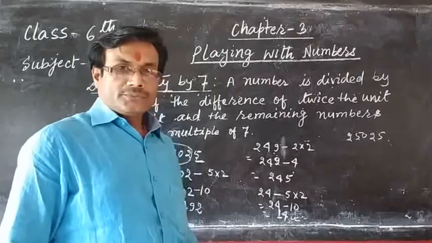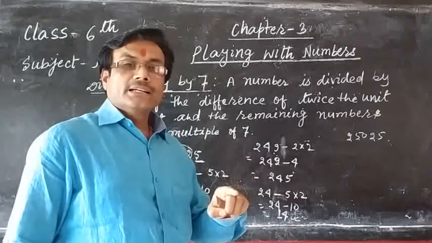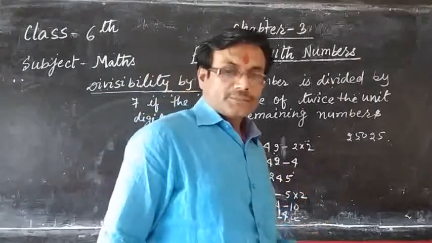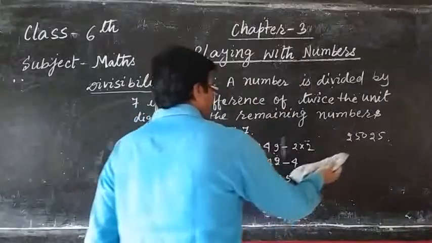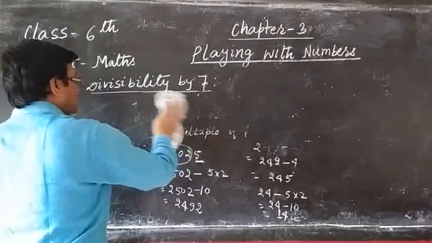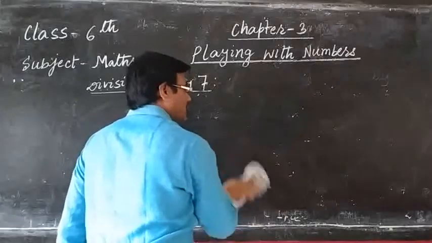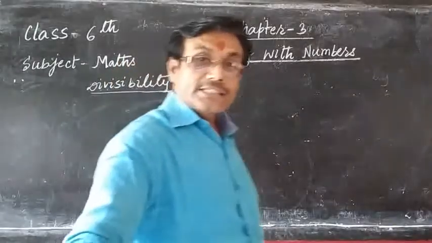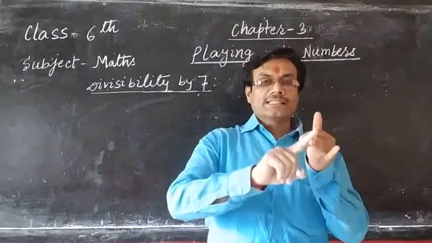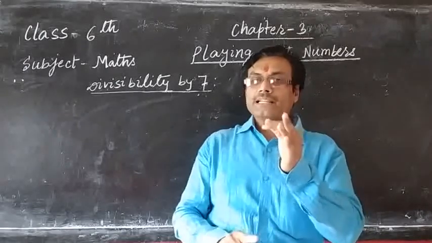Okay. Now using this rule we can know about every number. So children, we will go for divisibility by 8. It's very easy to know that a number is divisible by 8 if the last 3 digits are a multiple of 8. इसके अंतिम 3 digit means units, tens and hundreds places number together should be divisible by 8.